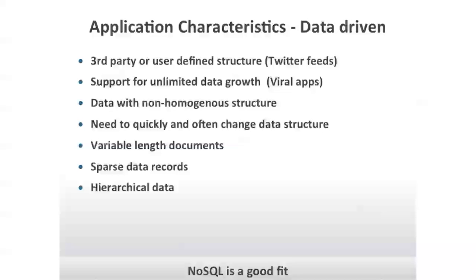Since it's a flexible data model, we can have versioning on top of your documents. So if any changes happen to the application, it starts going to the next version, but in the same database. They all coexist in the same database. Also, we have started seeing that variable length documents, sparse data records or hierarchical data are all data-driven requirements. They all fit well with NoSQL.